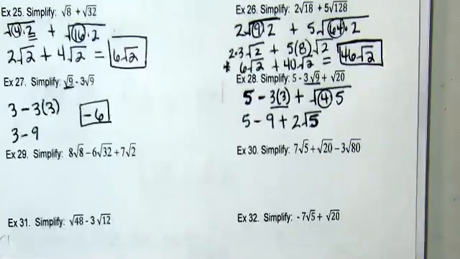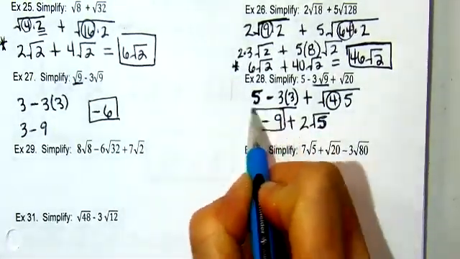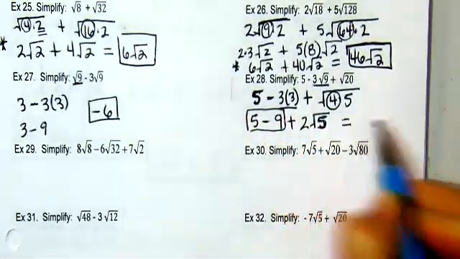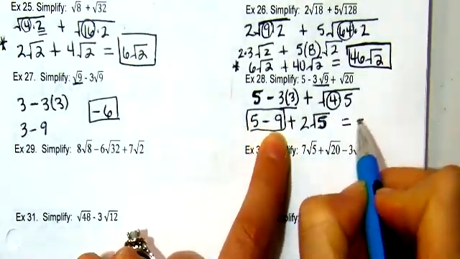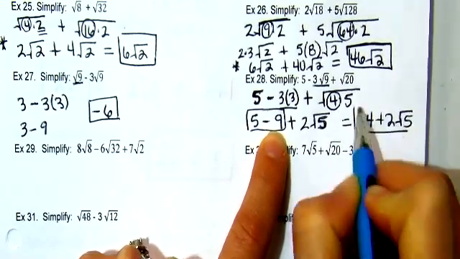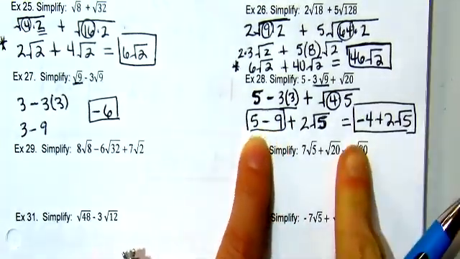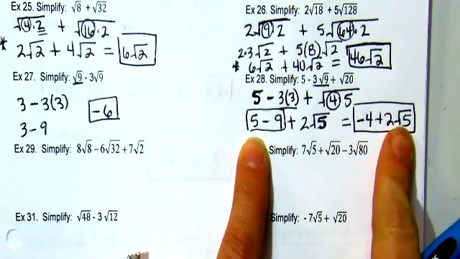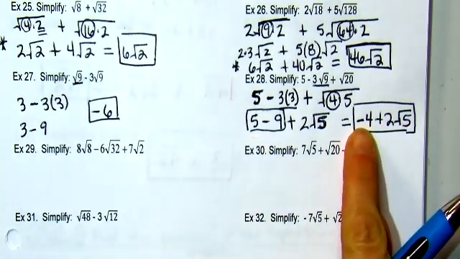You wouldn't want to stop there because we do have like terms right here. So simplifying this further, 5 minus 9 is negative 4, plus 2 square root of 5. I can't combine all of those things because this has a radical and this does not.